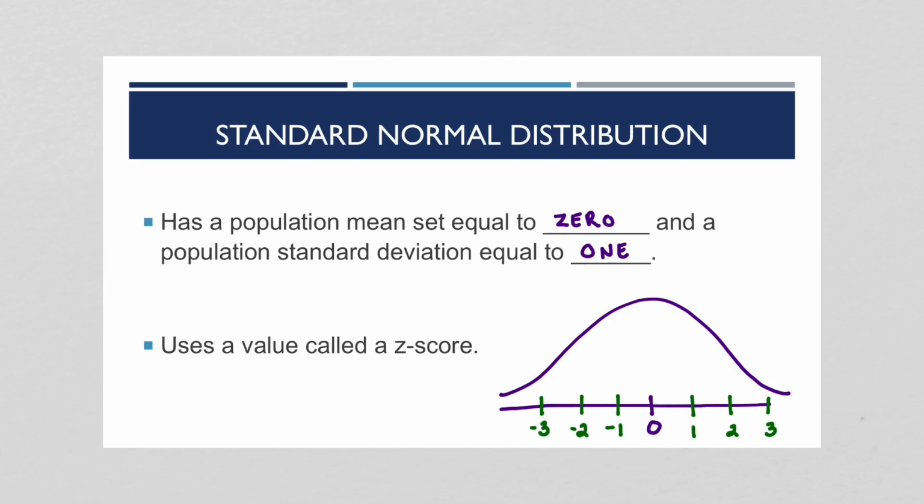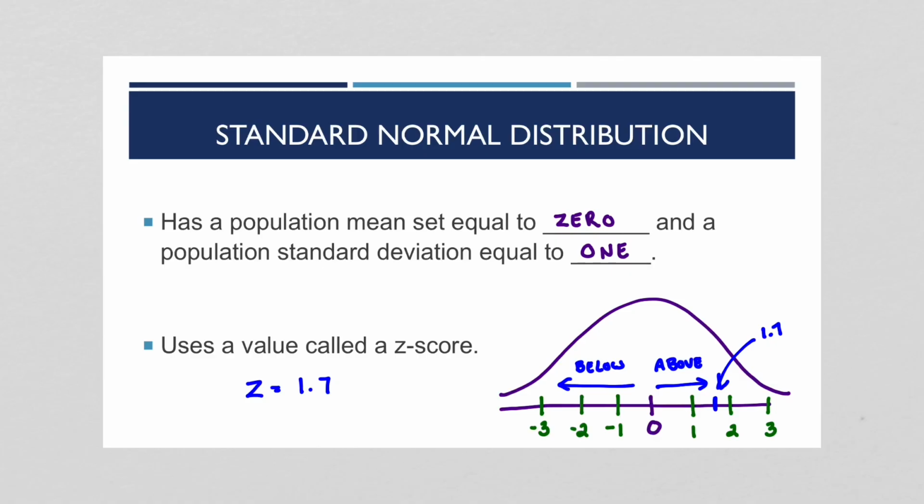So with regards to a z-score, say you are doing a calculation and you determine that you have a z-score that is 1.7. That means that your data value is 1.7 standard deviations above the mean. Above meaning to the right. So then anything on the left side of the mean would be below the mean.